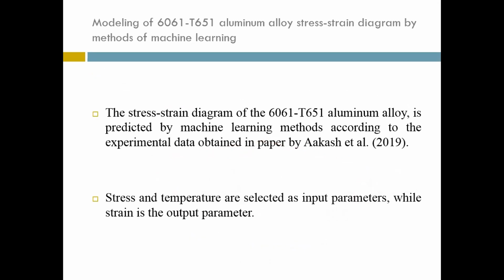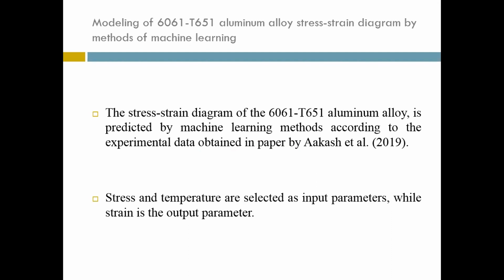The development of a certain machine learning model includes the following stages: first the preparation of data, then construction of the algorithm, its training on learning data, and verification by using the test data.